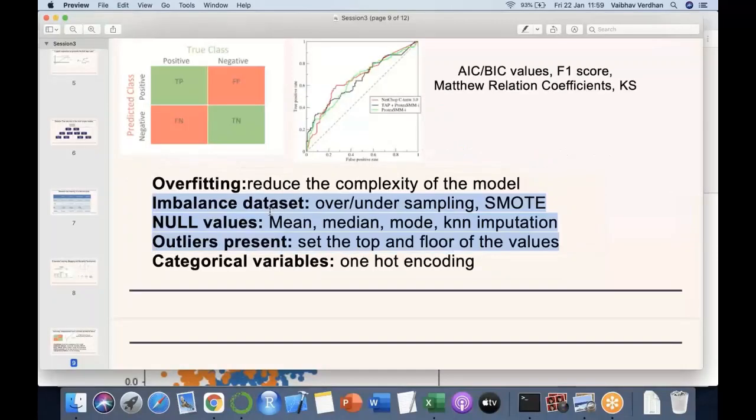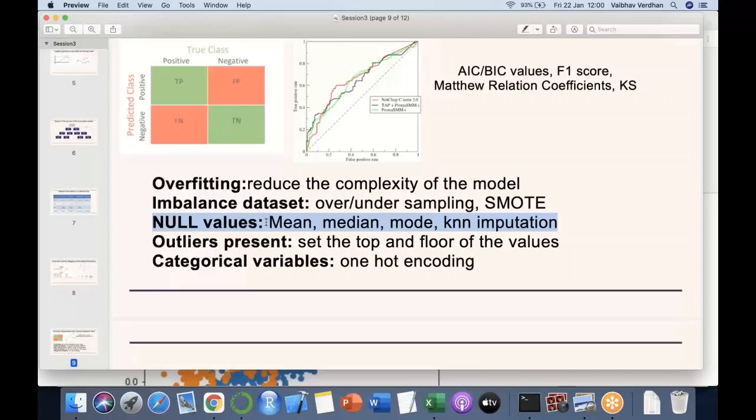The second question is null values. What is the meaning of null values? In your dataset, you would get a lot of missing values, null values, blanks, and they are a nuisance to the analysis.